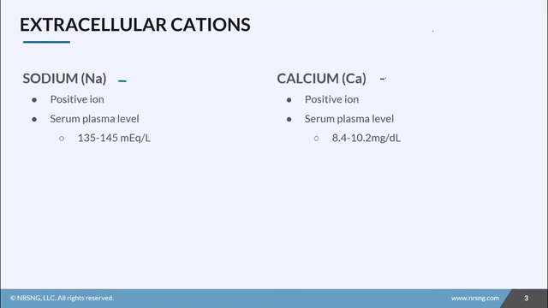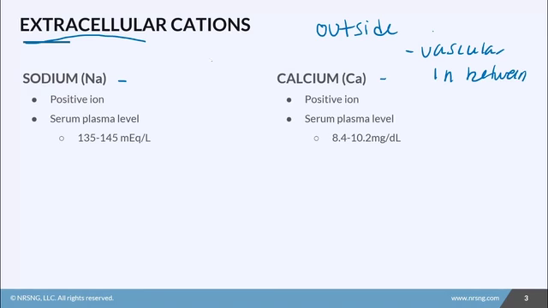Sodium and calcium are the main extracellular electrolytes. That means they live outside of the cell, whether they are in the vascular area or in between the cells. That is where sodium and calcium live. They are both positively charged electrolytes.